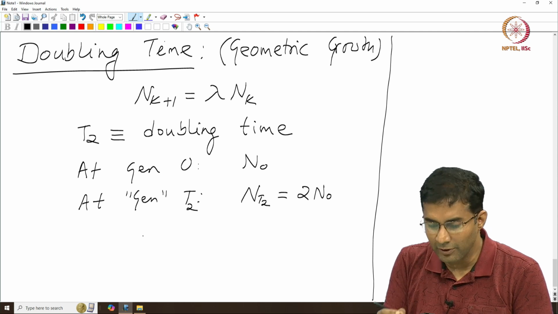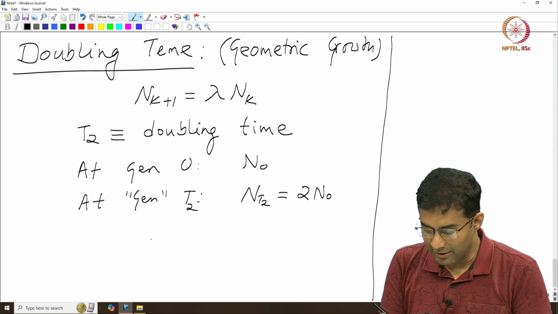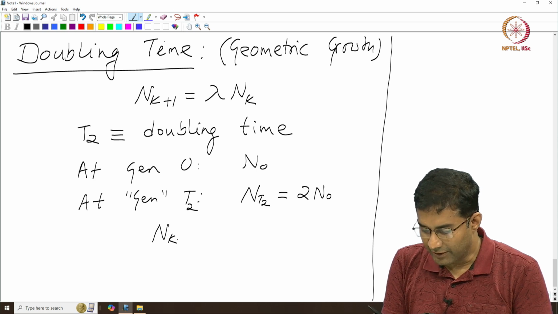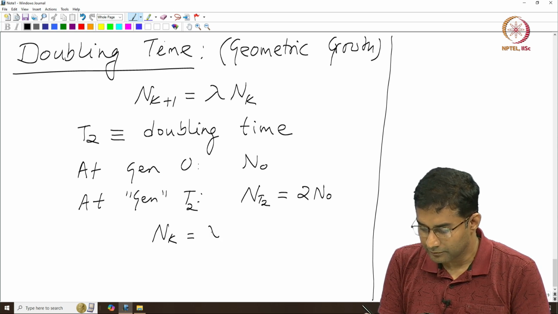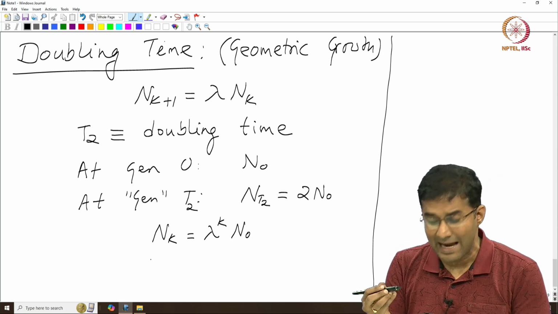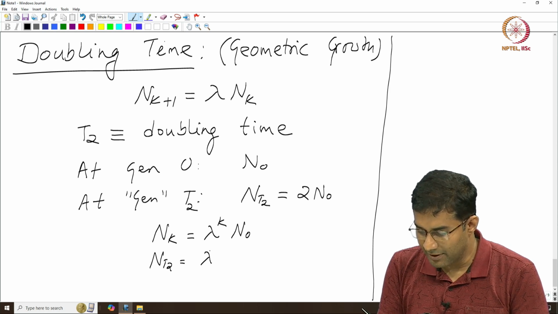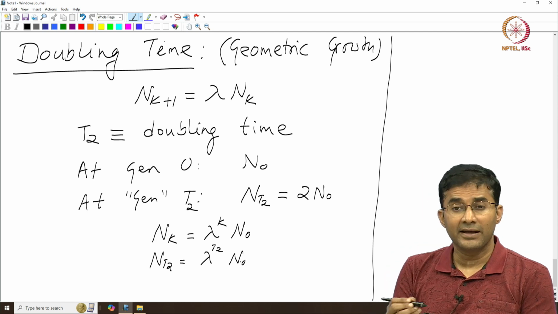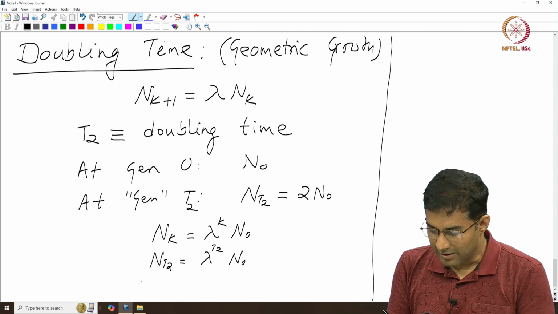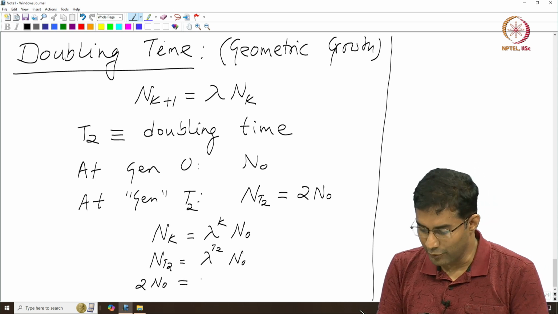We know the general formula that goes between nk and n0 is given by the expression above. If I now apply it to exactly the doubling time, n t2 is equal to lambda to the power t2 times n0, and n t2 is twice the initial population size, so I can write n t2 as 2n0.